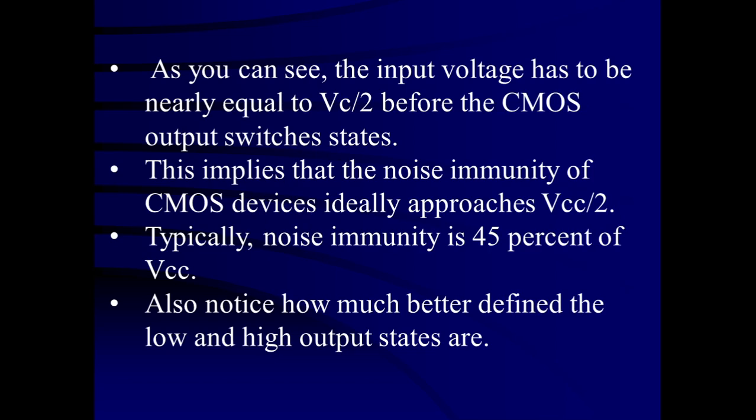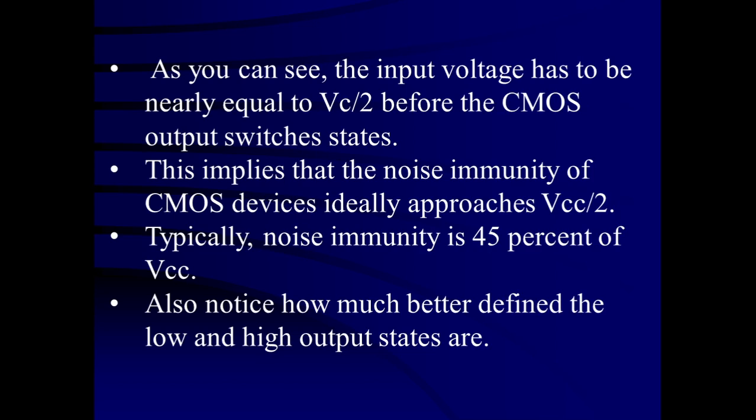Also notice how much better defined the low and high output states are. A very important thing: in the case of the TTL, when the output is high, it can be any value between 2.4 to 5 volt. That means a very large variation in the output is possible.